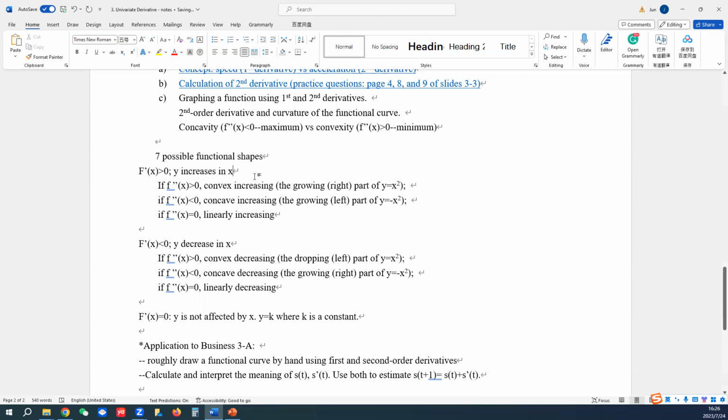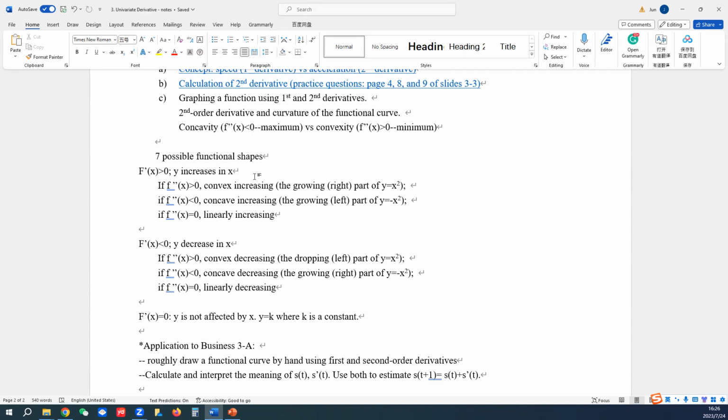That is a rough direction that tells you the function should go from the origin to the northeast, right? So there is a positive relationship between y and x.